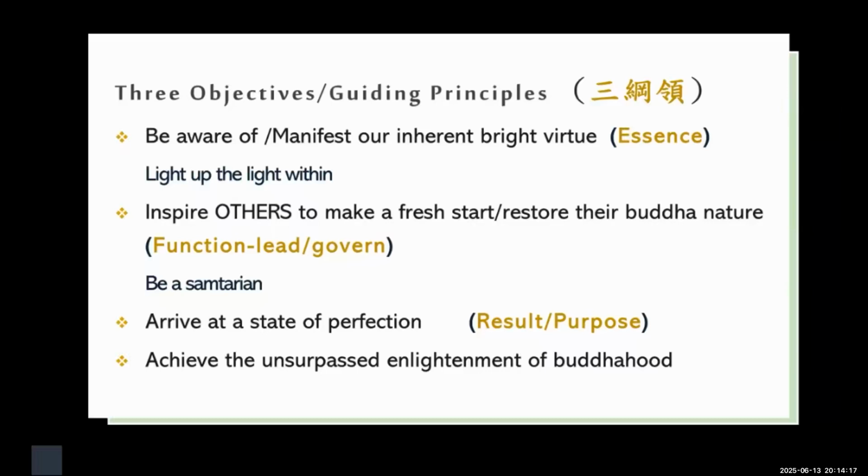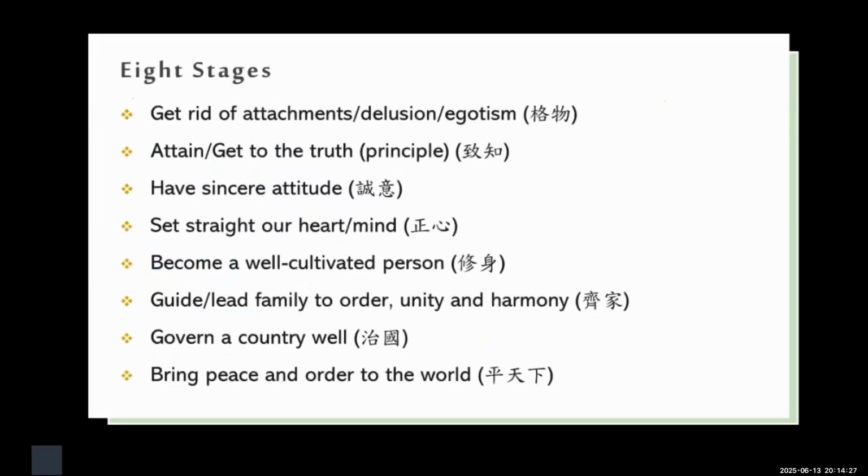So today we are better than we were yesterday, and tomorrow we have to strive to be better than we are today. Okay, and then the 8 stages in cultivation or in bringing about a peaceful world.